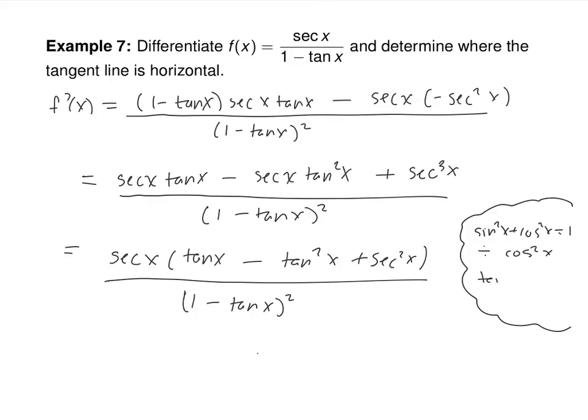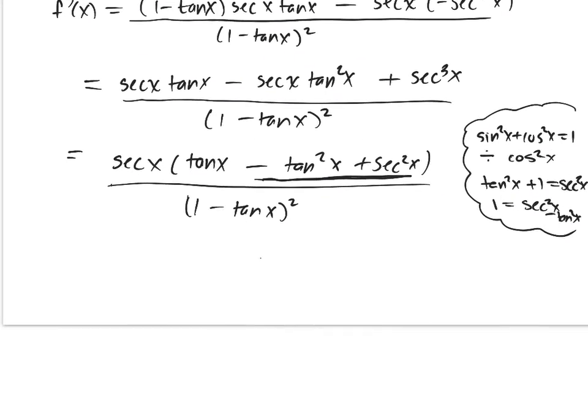And you get tangent squared x plus 1 equals secant squared x. So then 1 is secant squared x minus tan squared x. So that's secant x tan x, it's actually plus 1.